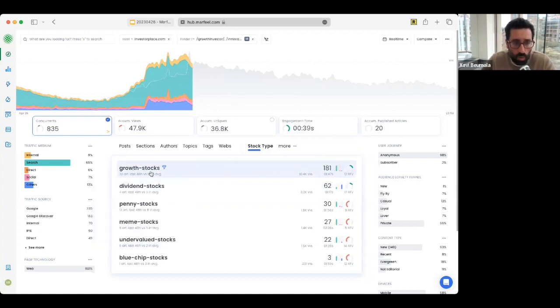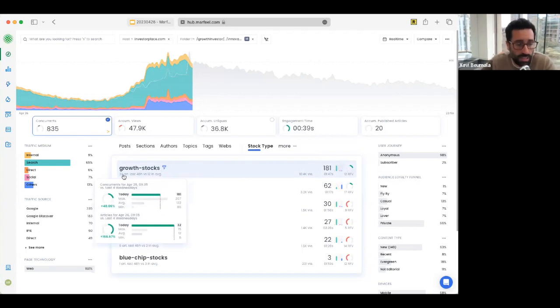For example, we see that growth stocks have produced 32 articles, which is 166% more than the previous period, the previous 4 Wednesdays, and it's delivering 48% extra traffic. Good job.